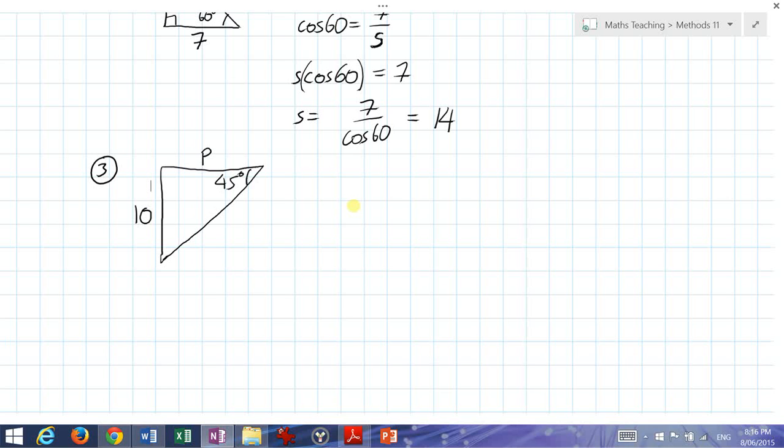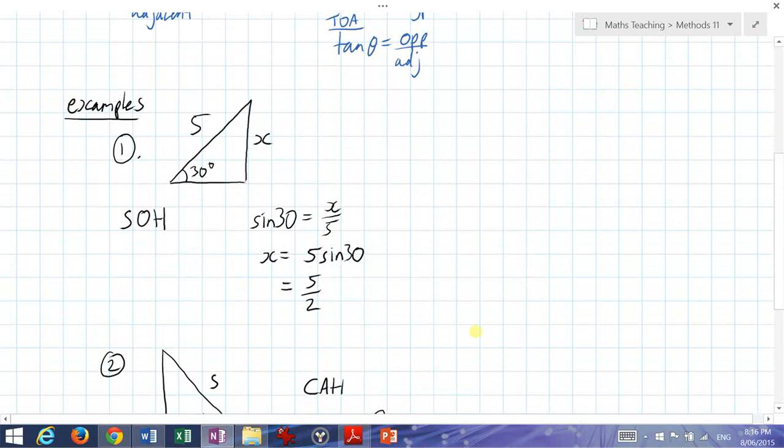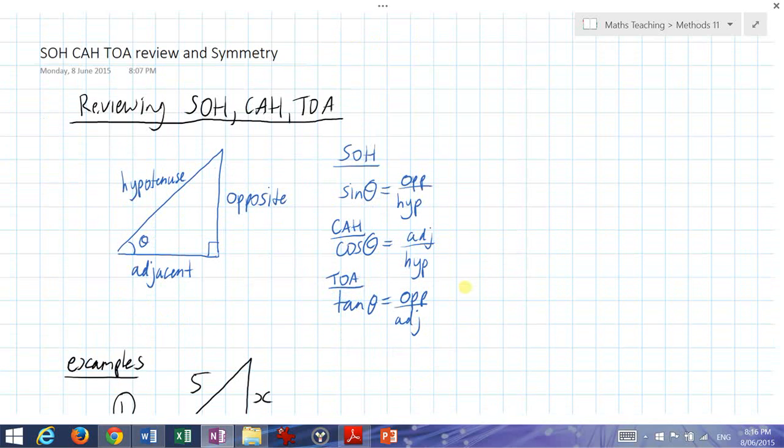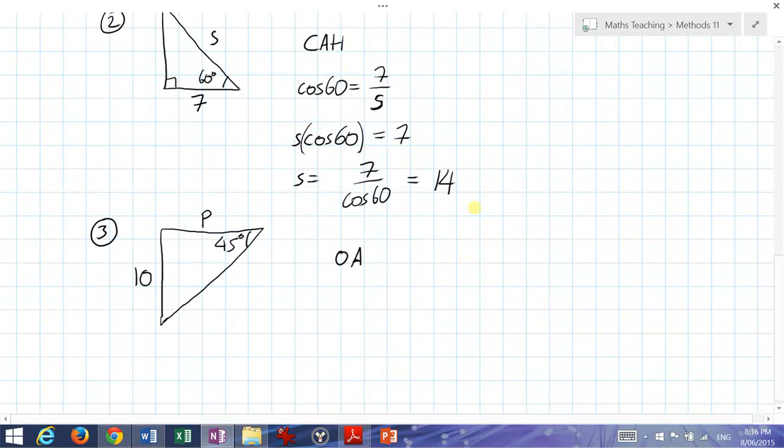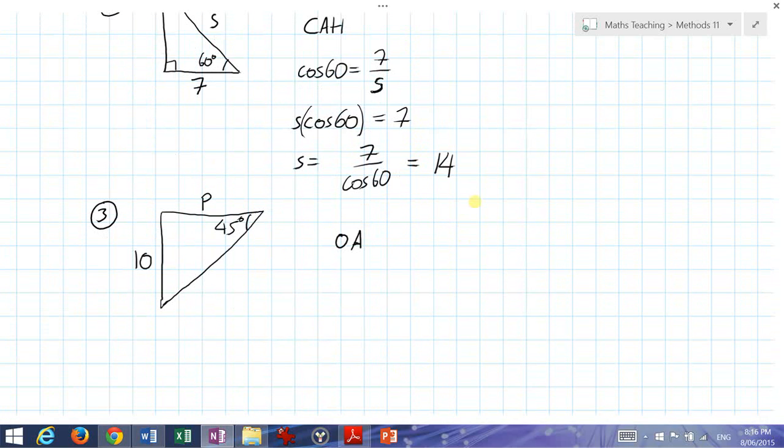So what can we see? I've got an opposite, that's the 10, and I have an adjacent, which is the P. I don't actually have the hypotenuse this time. So I've got opposite and adjacent, TOA. So I've got to use TOA.